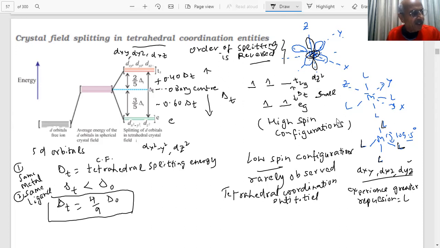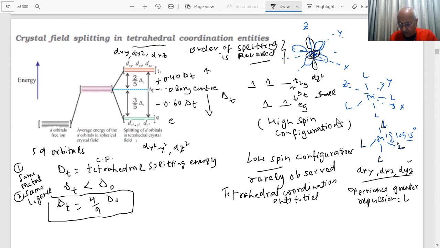The three orbitals which were lying within the x, y, and z plane will experience greater repulsion, so they go up. And the value of delta t is equal to 4 by 9 of delta 0 if I take the same metal and the same ligand. These are the only questions which are possible in this case.